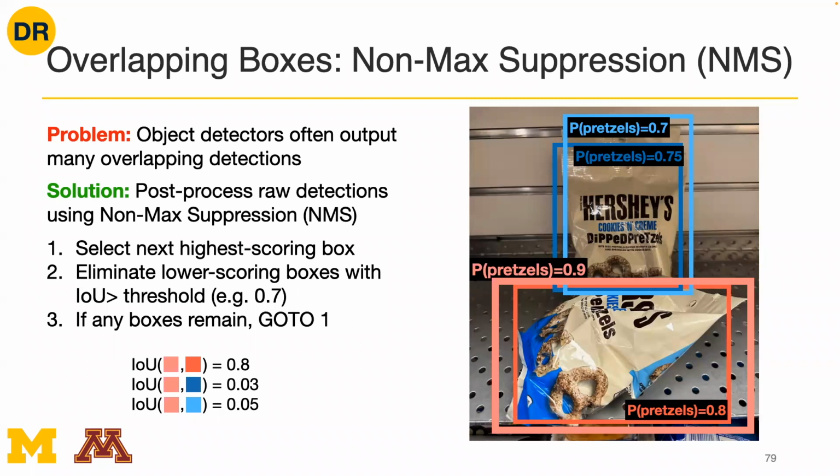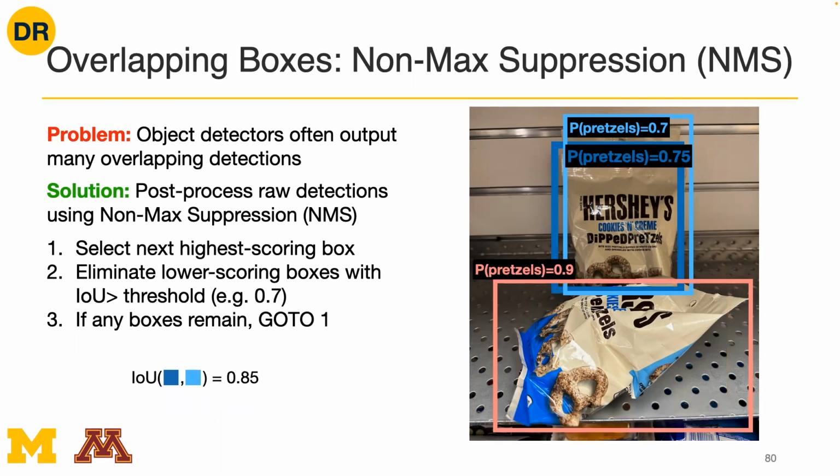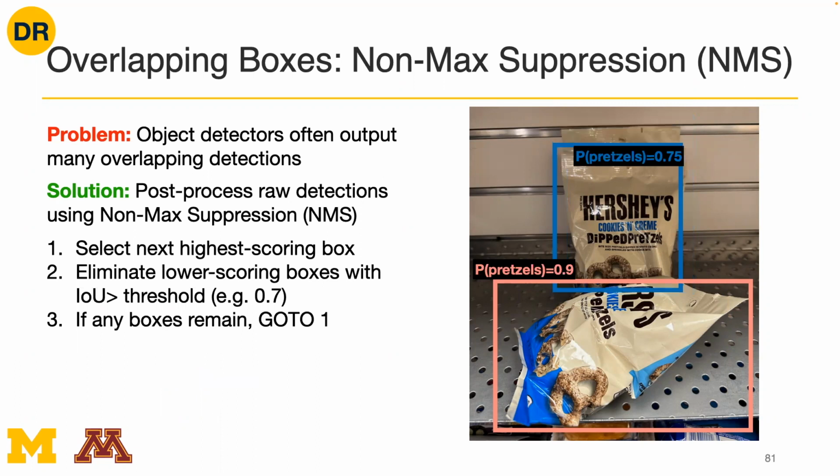Whereas with the other blue bounding boxes, it has a very small IOU value. So now you will remove or eliminate the bounding box that you saw earlier. And now you will repeat the process for the other bounding boxes that are left. So you can remove the other bounding box on the pretzel as well. Is that clear?